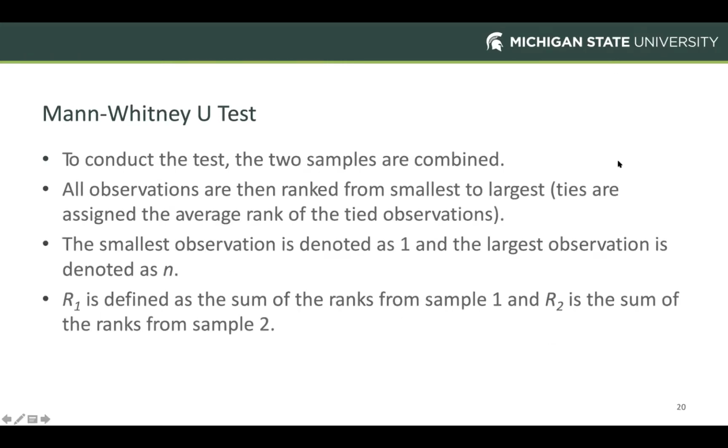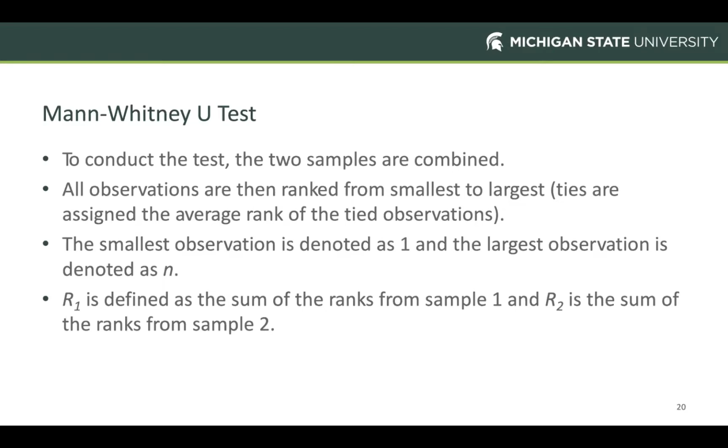And so in order to conduct this test, what we basically do, we take both of our samples and we combine the data. We want to make sure we retain the labels so we know which sample each of those observations came from. And then we simply rank all those observations in ascending order. So from the smallest to the largest, we label each of those observations based upon what its rank is within that sample.